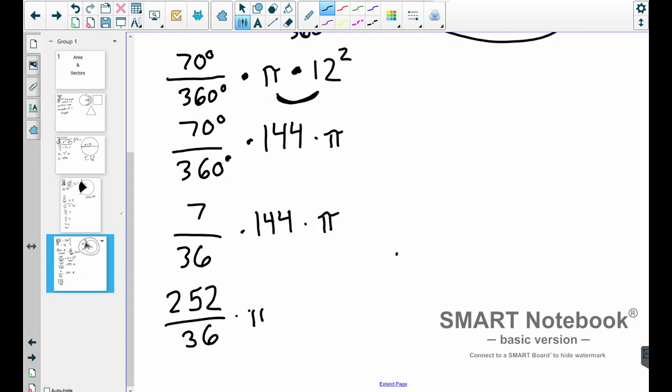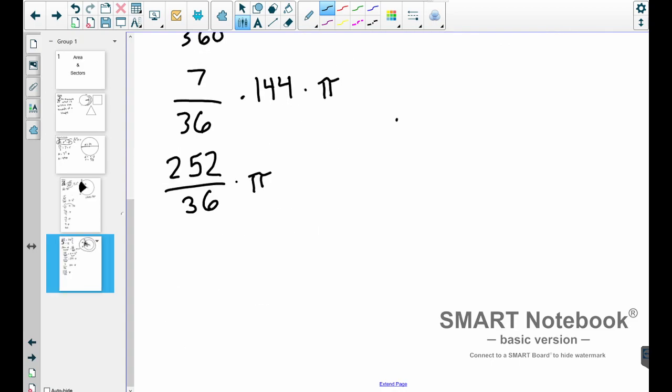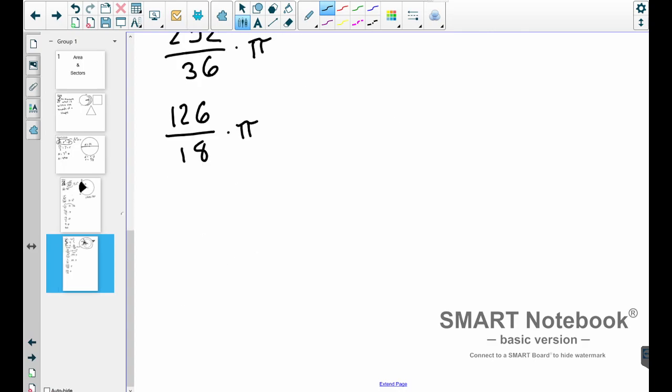times pi. Well, if you'll look, our fraction now has two even numbers, so we can definitely reduce that down. This would equal 126 over 18 times pi. And we still have two even numbers, so we can divide that by 2 again, and we get 63 over 9.